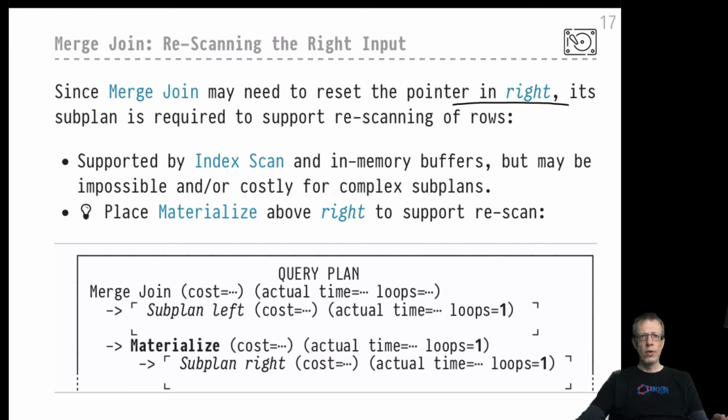There is a number of Postgresql operators that can support such rescanning, that can re-emit the output that they have already delivered and re-deliver that output again to the merge join. For example, an index scan. An index scan is built in such a way in Postgresql that it can reset its read pointer in the sequence set chain to one particular point, and then start the sequence set scanning again from that point. So rescanning is possible if the input is an index scan.